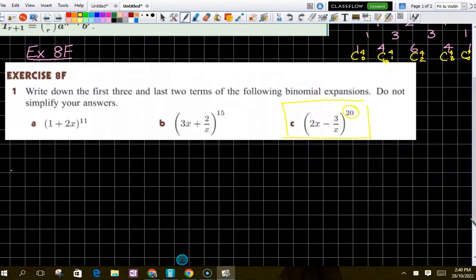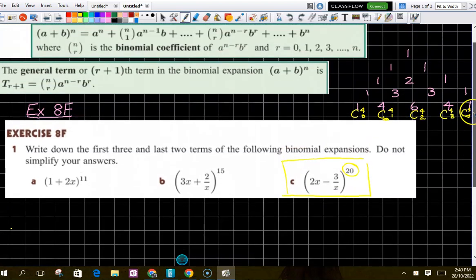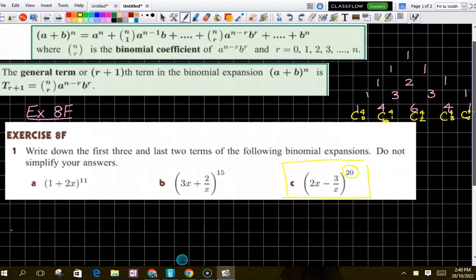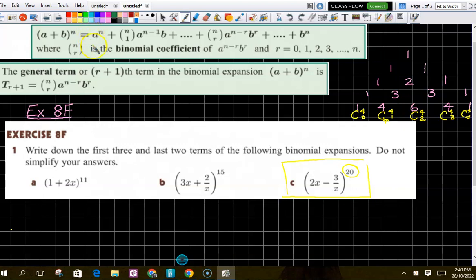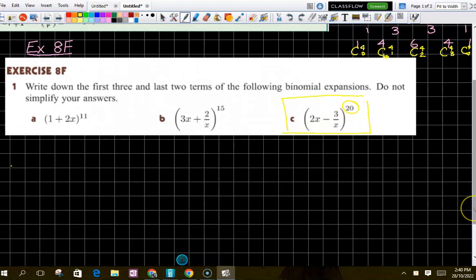So now it comes time and they say, let's expand this one here. I love the fact that it says do not simplify. So we use our beautiful formula, which I've just erased from the top there. They actually haven't got one here, but I am going to say ours is technically C. What would be your first one? Actually it would be C 20 0, which is 1.